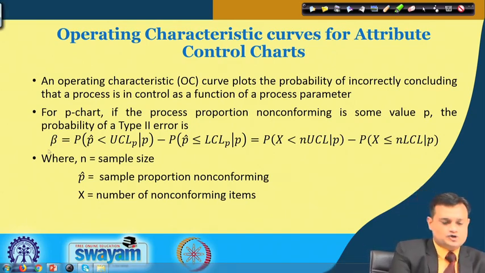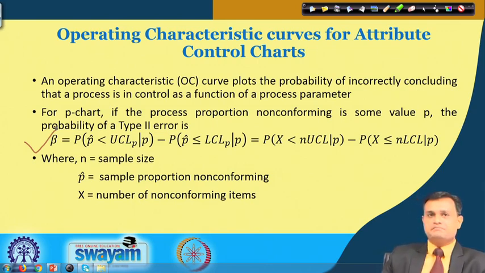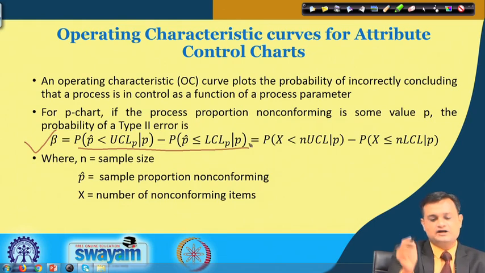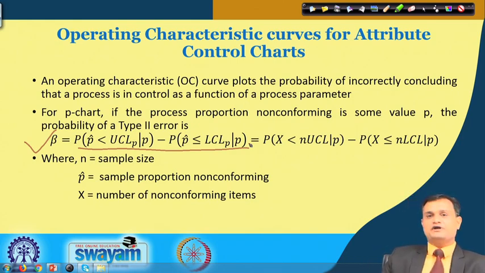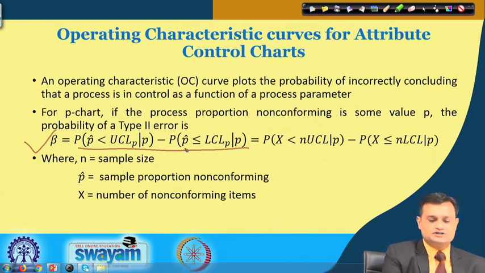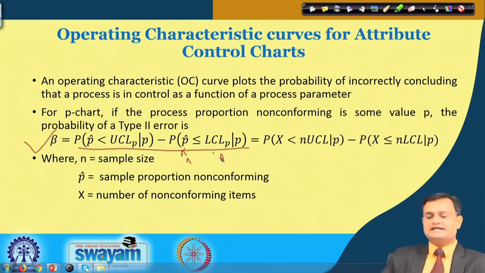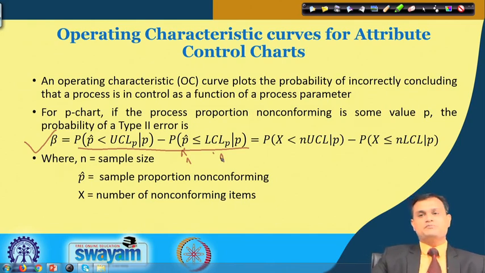So we always compute the type 2 error in order to develop the OC curve, and because it is for P chart, you can see here the probability that P hat is less than UCLP, the upper control limit for P chart for given P, the proportion non-conforming, minus the probability that P hat is less than or equal to LCLP for given P. If I multiply both sides with n, it comes out to be the probability x is less than n UCL given P, minus the probability x is less than or equal to n LCL given P. P hat is the sample proportion non-conforming, n is the sample size, and x is the number of non-conforming items.